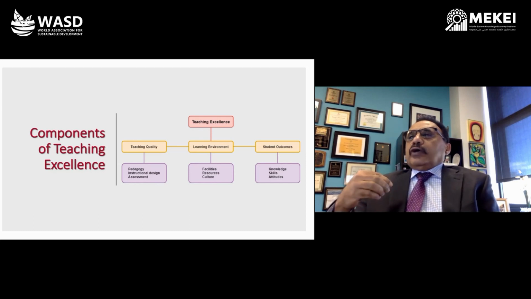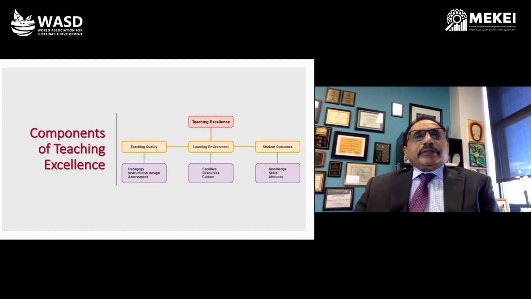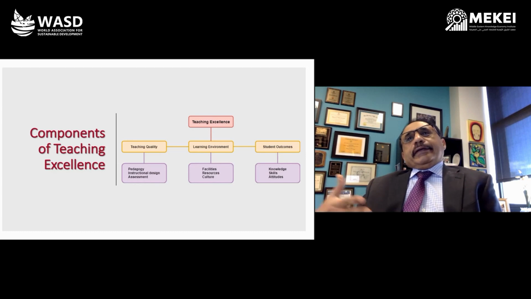So we would like to have a superior teaching quality in relation to the pedagogy, the instructional design, and the assessment. The learning environment is the facilities, the resources, the culture. So is it supportive of student learning? The student outcome is in terms of knowledge, skills, and attitude.